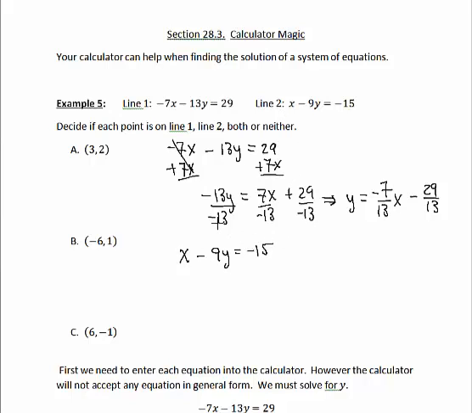For line 2, we do the same thing. We solve for y. X's cancel on the left after we subtract x from both sides to move it away from the y. And now we divide everything by negative 9.